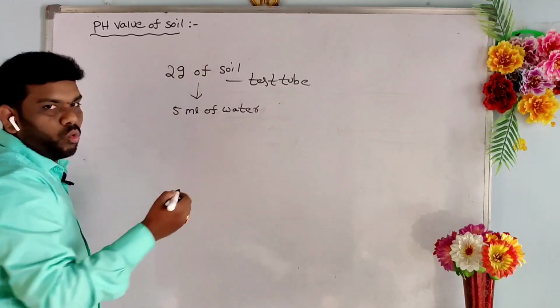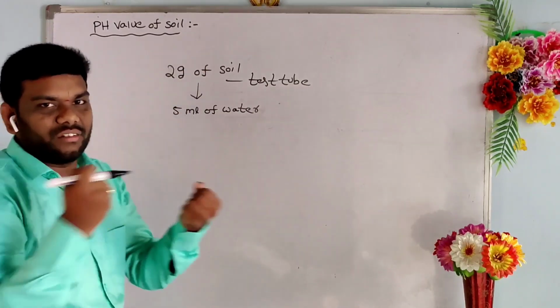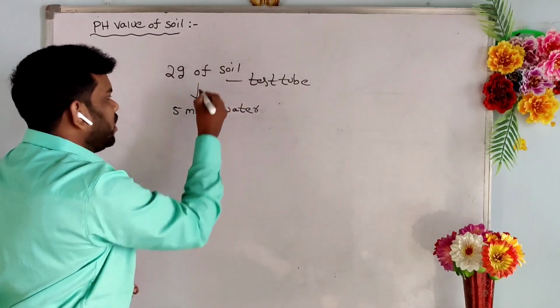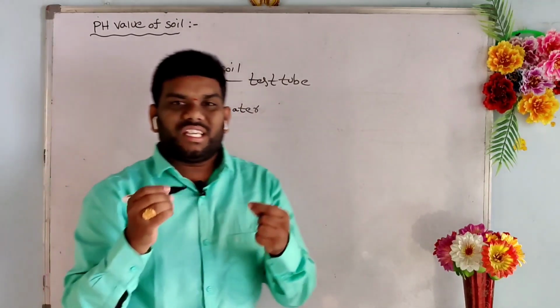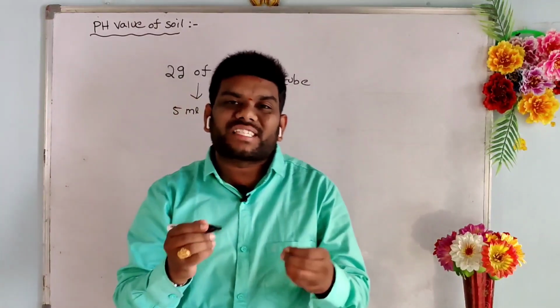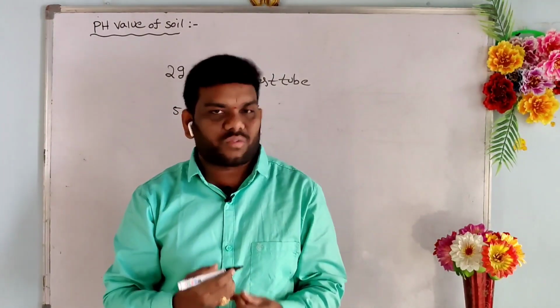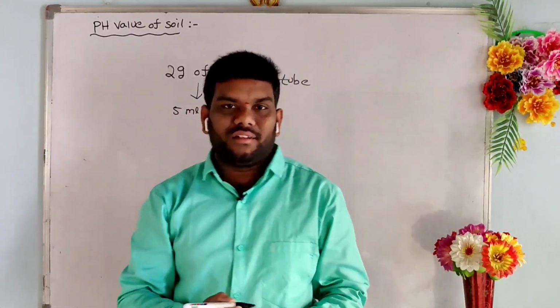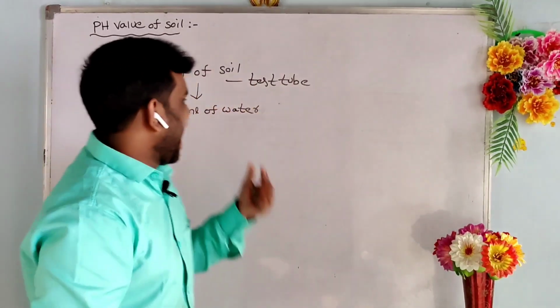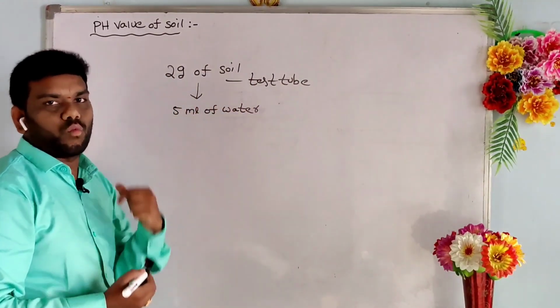So these two combined, shake it, because soil and water should be completely mixed, dissolving. That's why 2 grams of soil is taken in the test tube and 5 ml of water added.